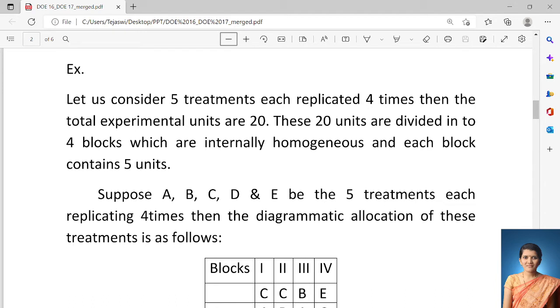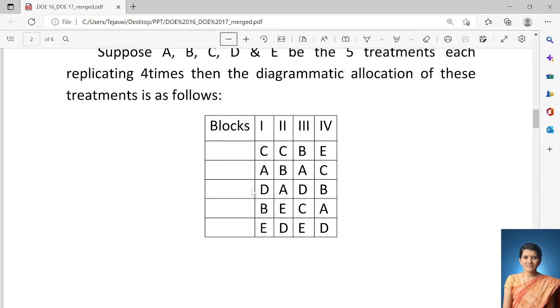So the number of plots is equal to the number of treatments, and the number of blocks is equal to the number of replicates. Suppose A, B, C, D, E are the 5 treatments, each replicated 4 times. Then the diagrammatical allocation of these treatments is as follows. These are the blocks and these are the treatments, meaning each block is divided into plots.